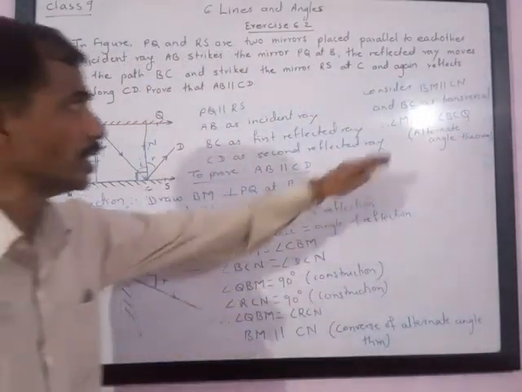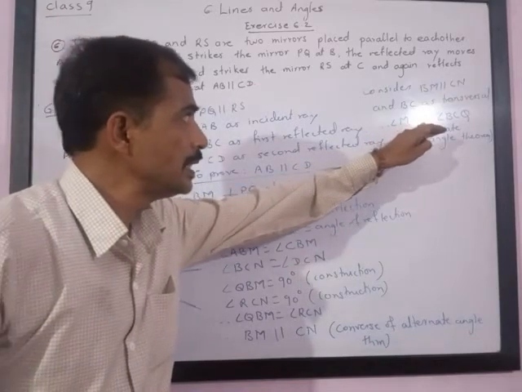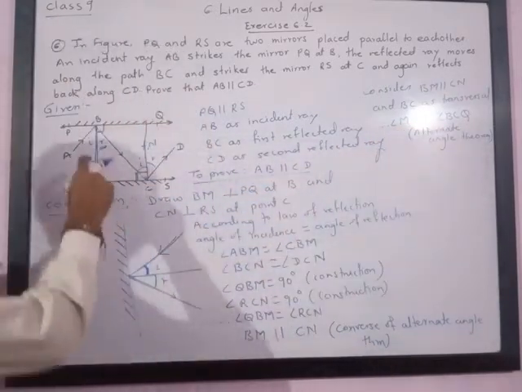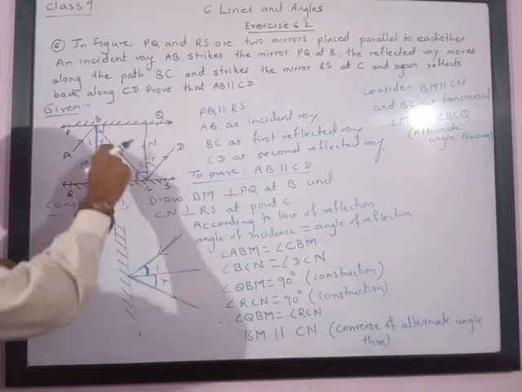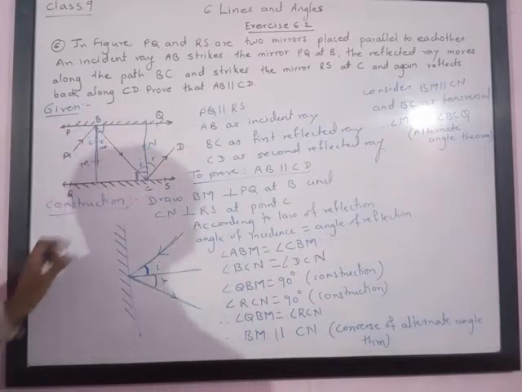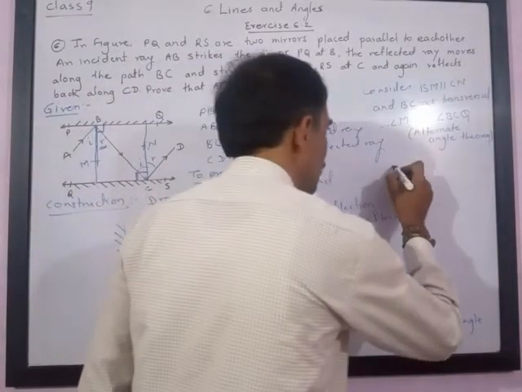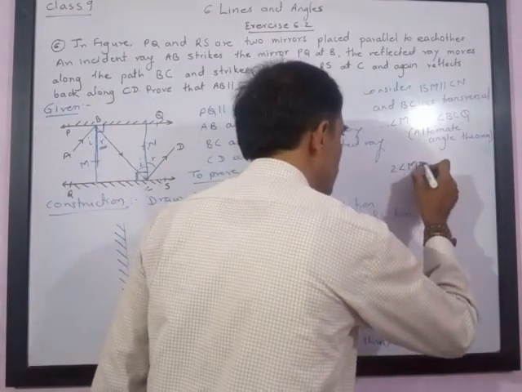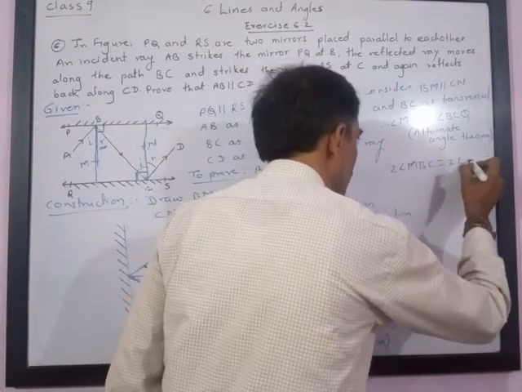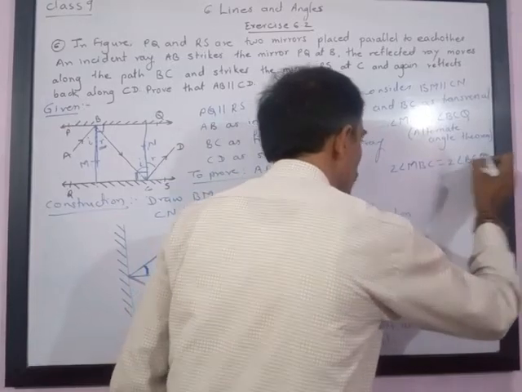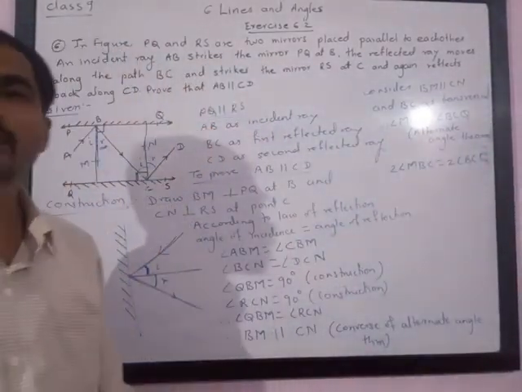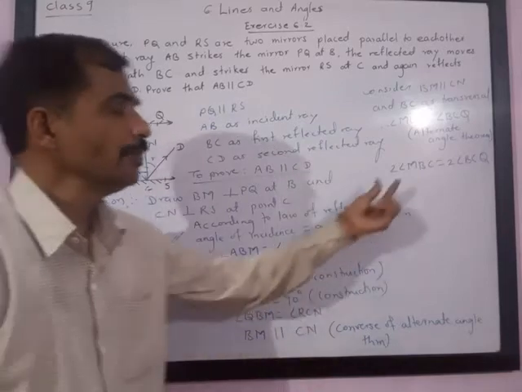Now we have got MBC equal to BCQ. If you multiply both sides by 2, you will get twice angle MBC is equal to twice angle BCQ. What I have done is multiplied both sides by 2.